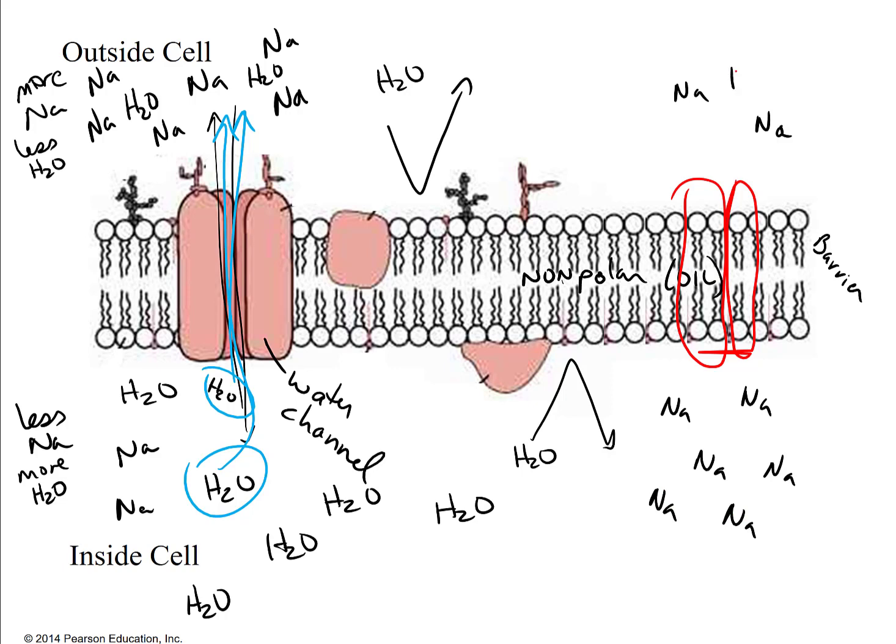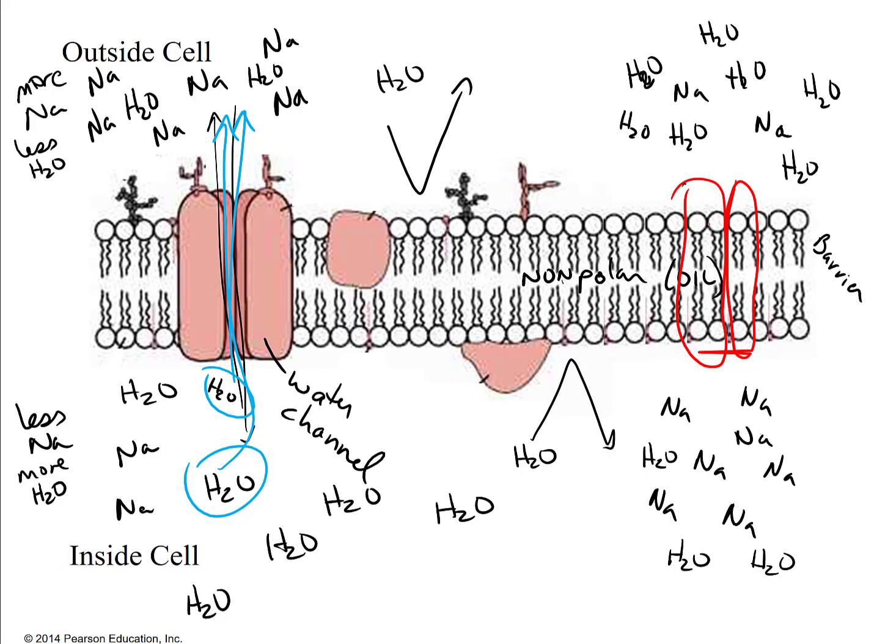We still have some sodium outside, but comparatively, we have a lot more water. So H2O inside, not so much. There's a lot of sodium, so there's less H2O. That channel won't let salt move, but it will let water move.